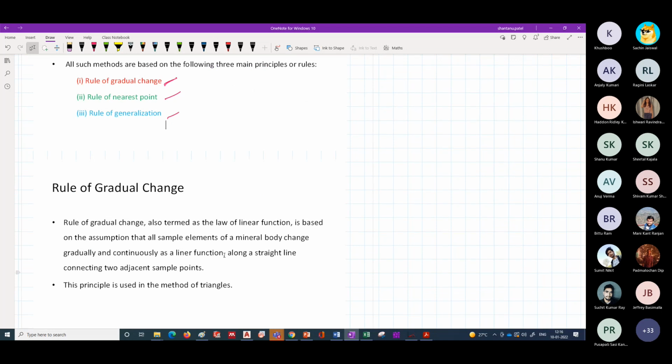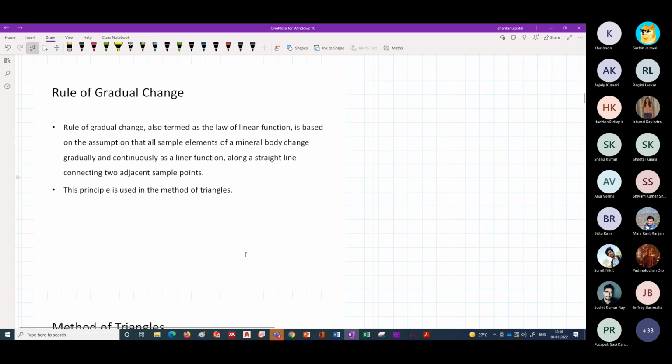What this rule of gradual change says is, it is termed the law of linear function, and is based on the assumption that all sample elements of a mineral ore body change gradually and continuously, as a linear function, along the straight line connecting two adjacent sample points. So let's say we have one borehole here and another borehole here.